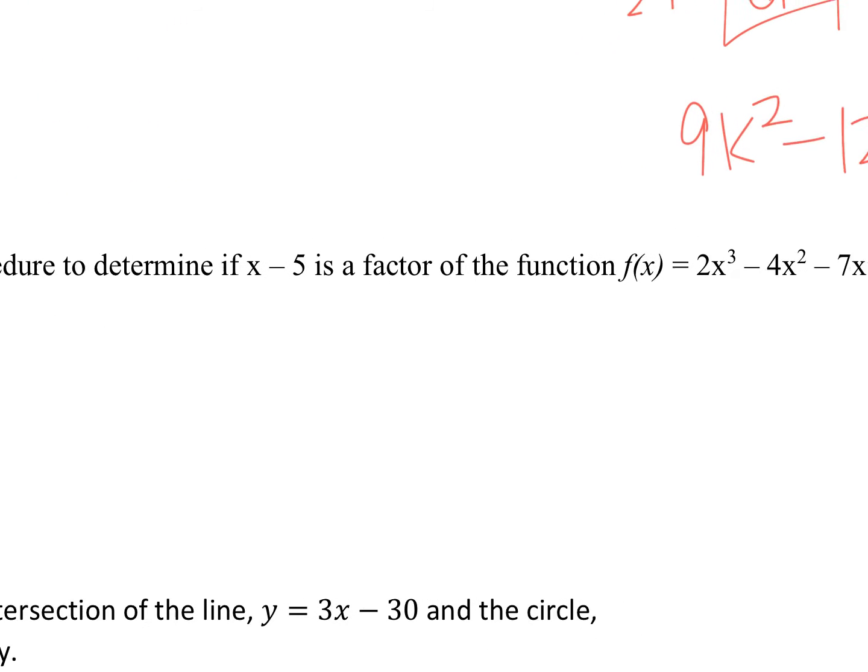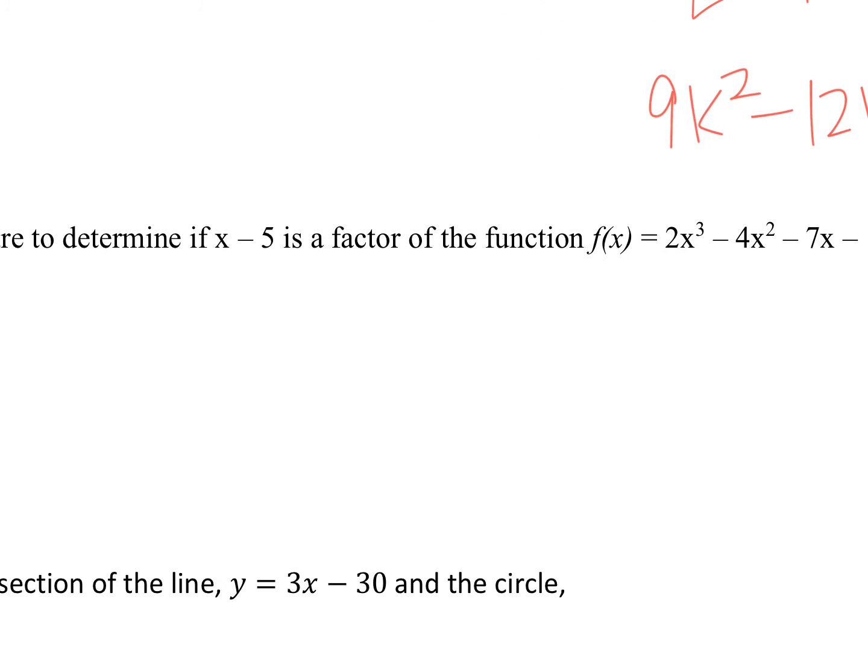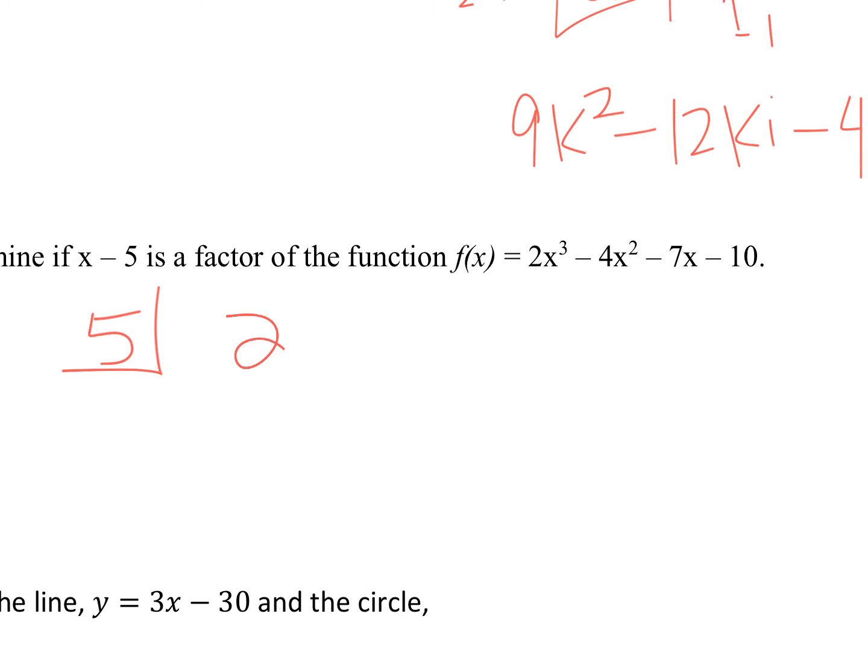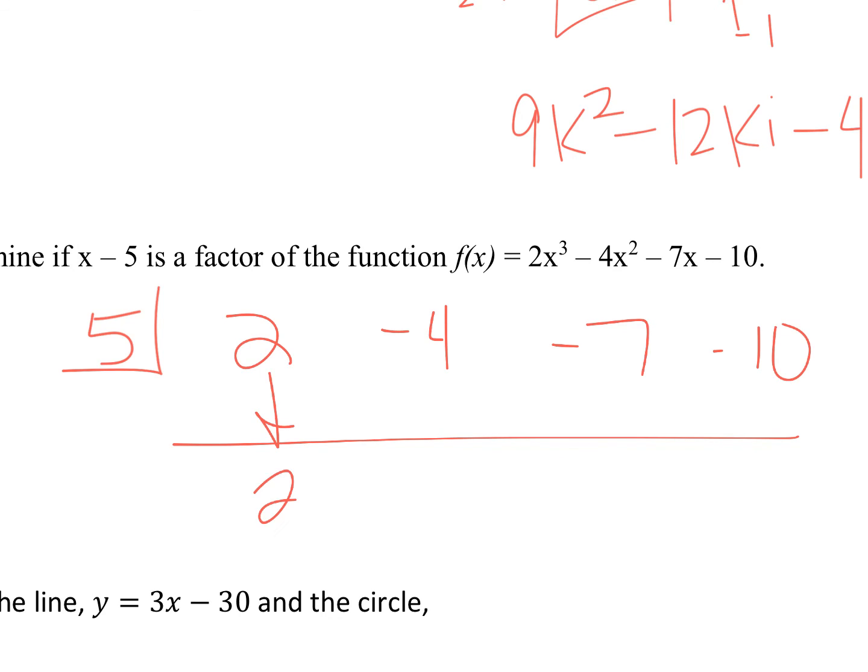Determine a procedure to see if this is a factor of this function. So I'm going to use synthetic division, but you could plug 5 into x and see if it equals 0, but synthetic division would work. 2, multiply 10, add 6, multiply 30, add 23, multiply 115. I don't know why I have a 0 there.